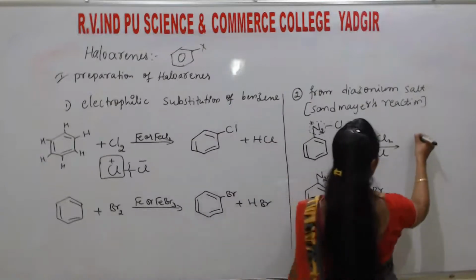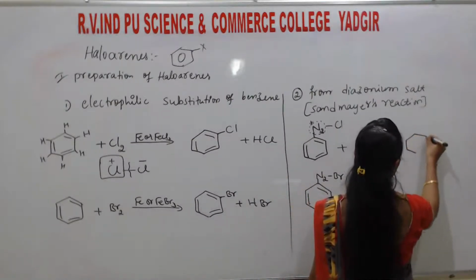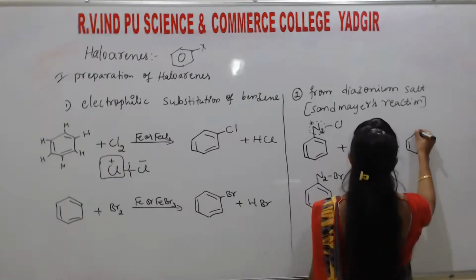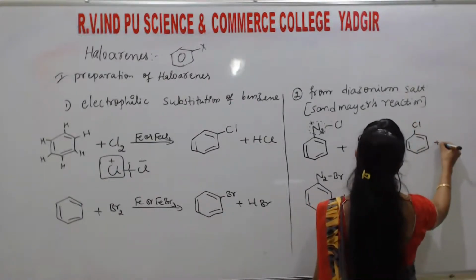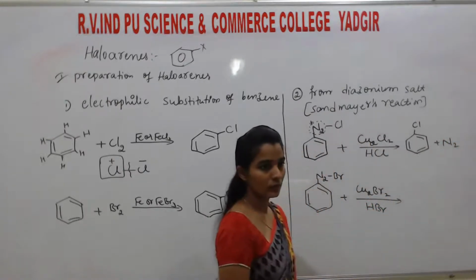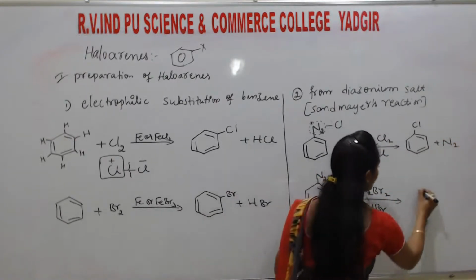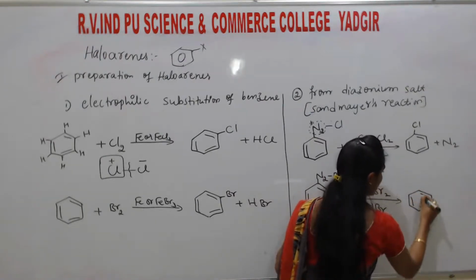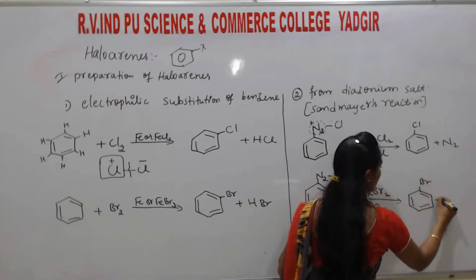So then what will form? Chlorobenzene plus N2. Understand? That N2 group is removed. From here, it is bromobenzene.